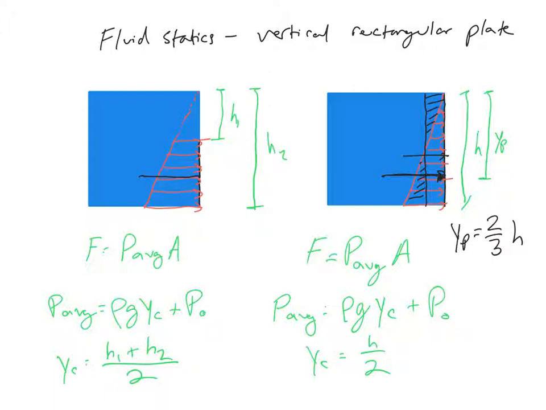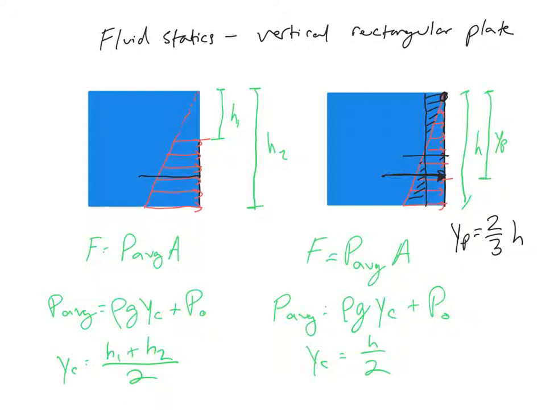Easy relationship, but it only applies when this vertical surface is in contact with the surface of the water, as it is here. If the whole plate is submerged, as it is here, we don't have a triangle, and so we can't use this relationship.